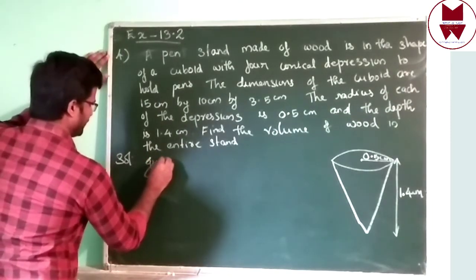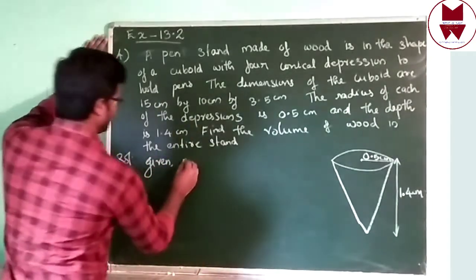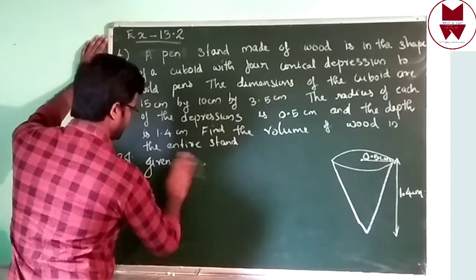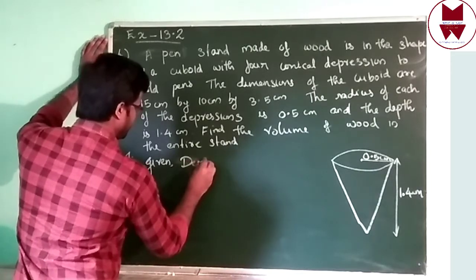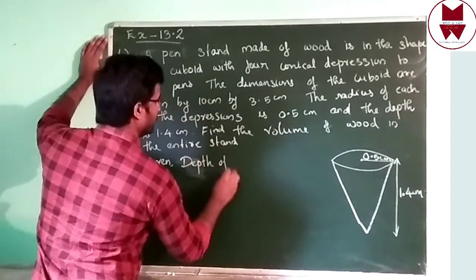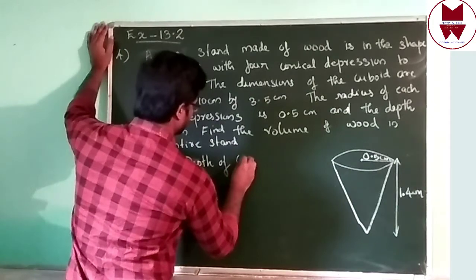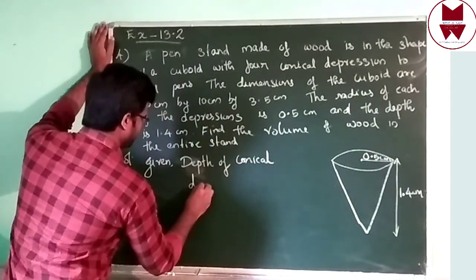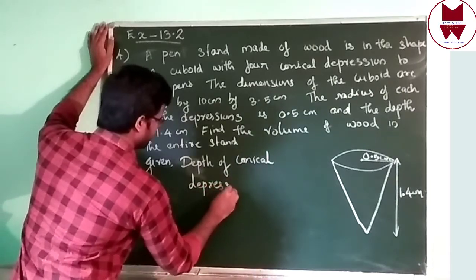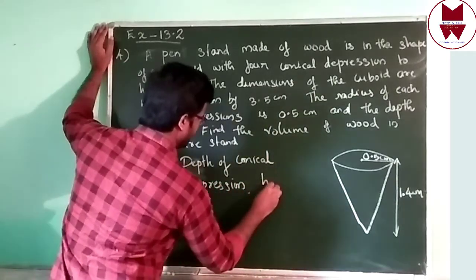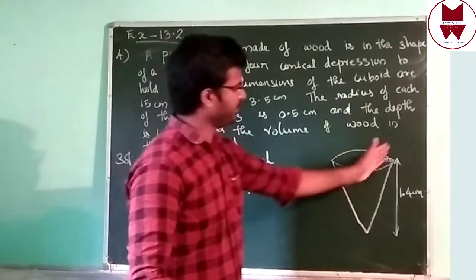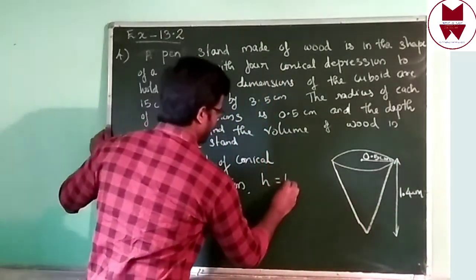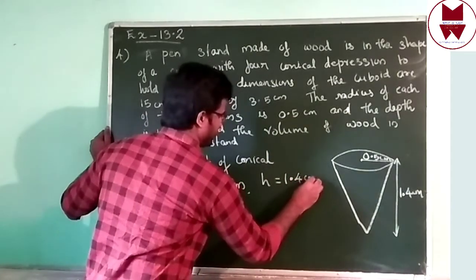What are the things given? The depth of the conical depression, h, equal to this height and depth. That means we can take h equal to 1.4 centimeter.